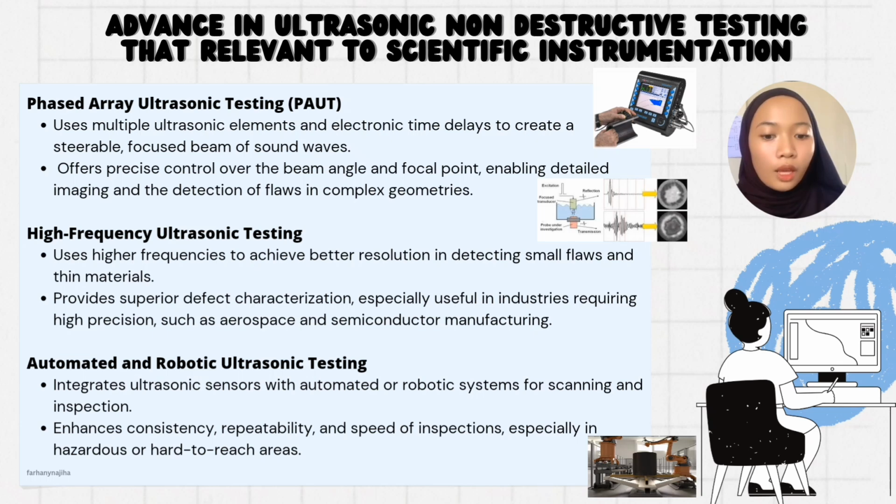And lastly, we have automated and robotic ultrasonic testing that integrates ultrasonic sensors with automated or robotic systems for scanning and inspection. This enhances consistency, repeatability, and speed of inspection, especially in hazardous or hard to reach areas.